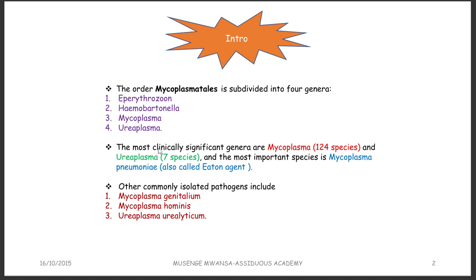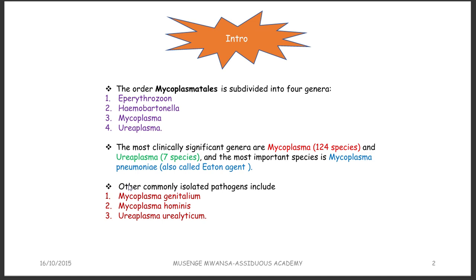And the most clinically significant that we'll be talking about is of the genus Mycoplasma. Mycoplasma has got 124 species, and then Ureaplasma has got 7 species. The most important species is Mycoplasma pneumoniae.